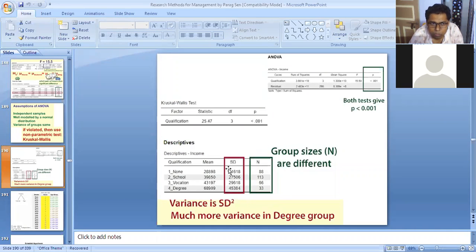So in this case, sometimes ANOVA is not preferable, and instead there is a test known as the Kruskal-Wallis test.